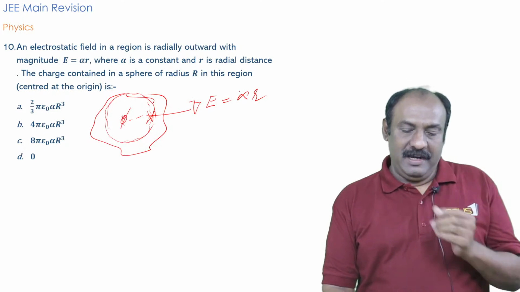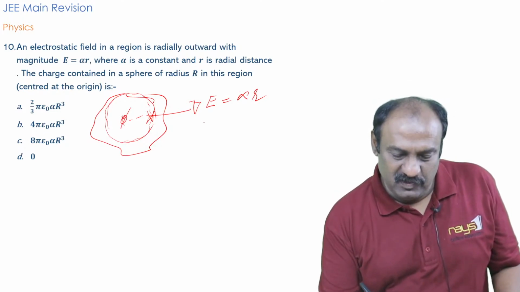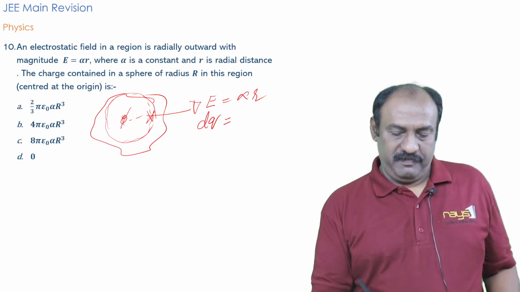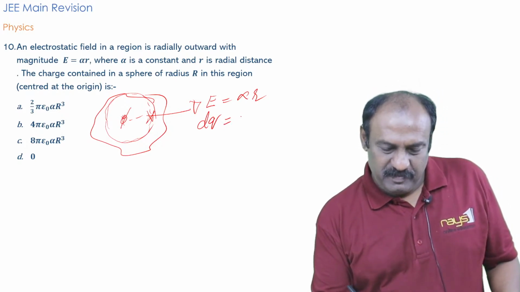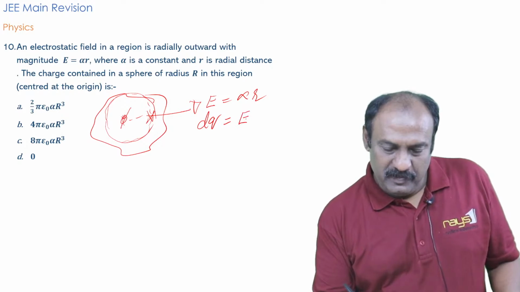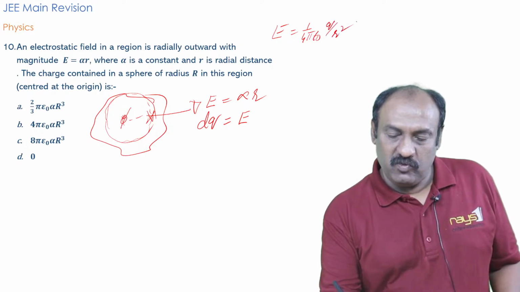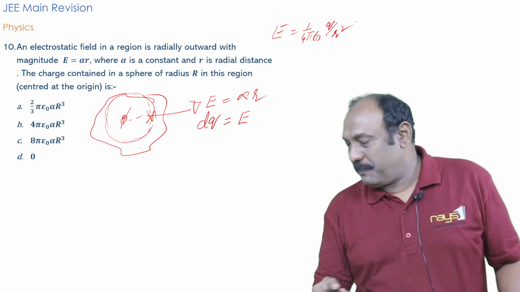The charge dq is equal to E into dA. E equal to 1 by 4 pi epsilon naught into q by r square is the equation if q is a point charge.